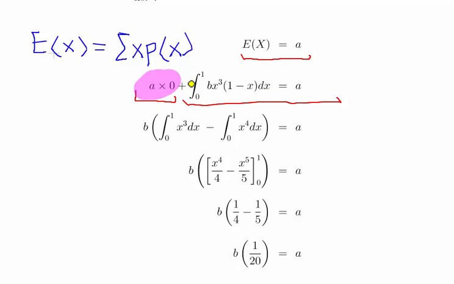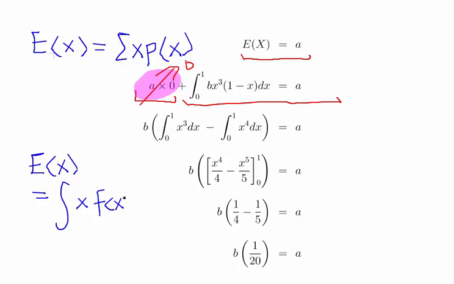That actually just cancels out to 0: x equals 0, the probability of x is a, but it all cancels out to 0, so we can disregard that. For continuous distributions, it is the integral of x times f of x dx, evaluated from the lower and upper limits of your range of values.